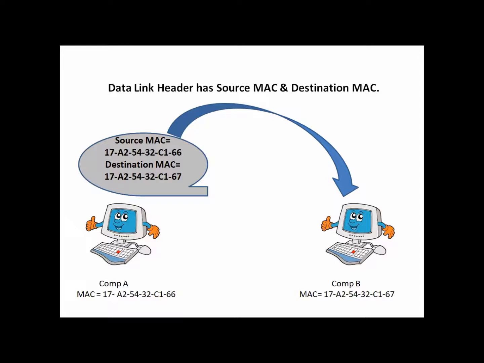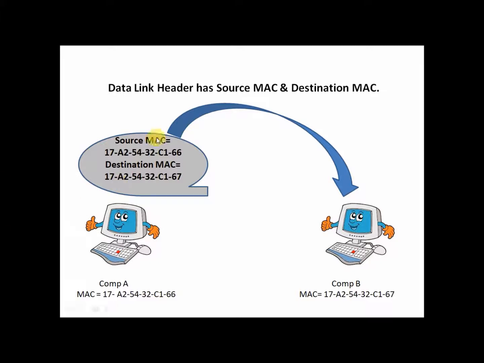There you can see that the data link header has the source MAC and the destination MAC. Computer A, this is the MAC address, suppose, and this is the MAC address of B. This is 67, this is 66. So the source MAC is there. You have to send an ARP request first of all. ARP means Address Resolution Protocol. It is required to learn the MAC address.